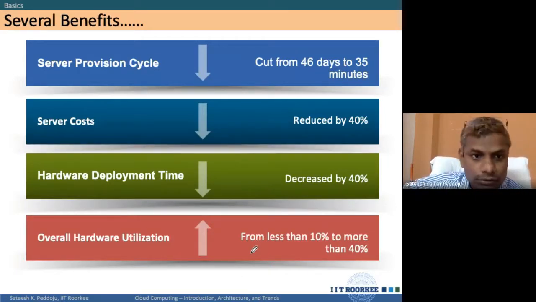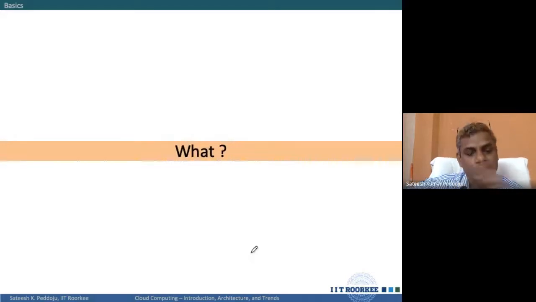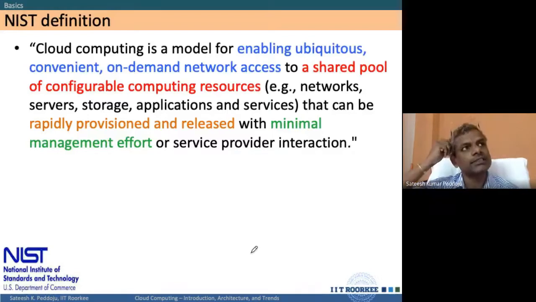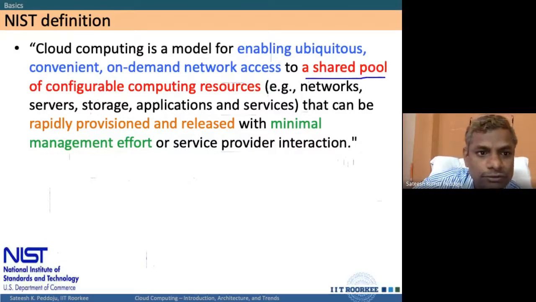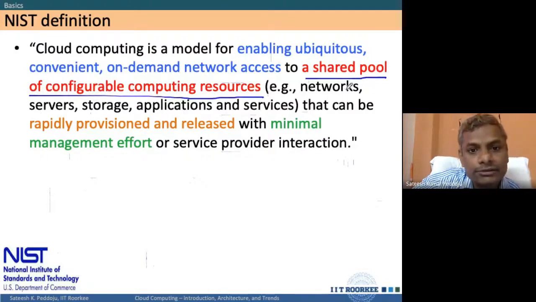So that's the basis of why cloud computing is important. Now let us understand what cloud computing actually is. Cloud computing is essentially a shared pool of configurable computing resources, like networks, servers, storage, applications, and services.